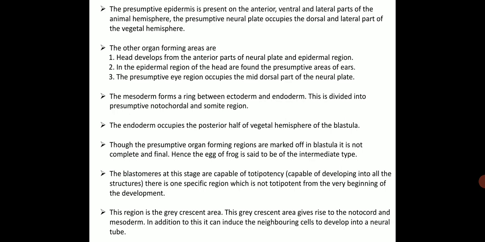This gray crescent area gives rise to the notochord and also to the mesoderm. In addition, it can induce the neighboring cells to develop into the neural tube. So there are two pre-assumptive organ forming areas, the pre-assumptive epidermis and the pre-assumptive neural plate.